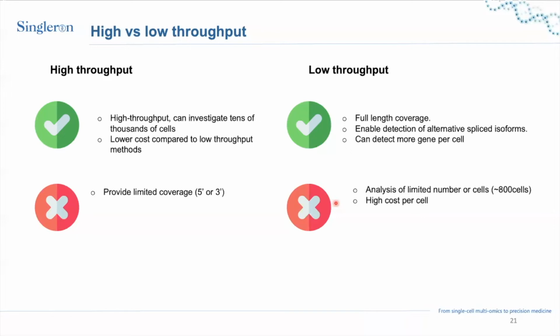And by that, we can detect alternative splice forms and SNPs. But the disadvantage is that we are limited to a certain number of cells. And the cost per cell is quite high compared to high throughput. So it comes down to the research question, what you want to investigate, while choosing the method.